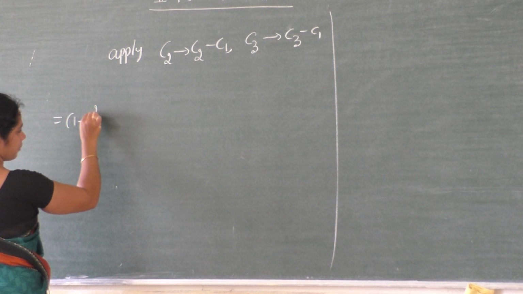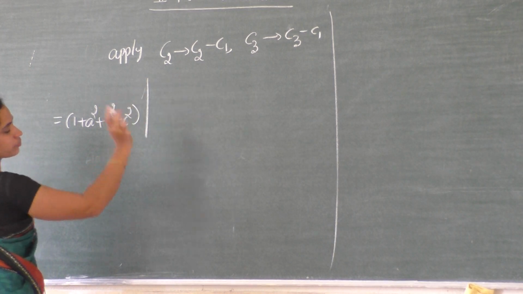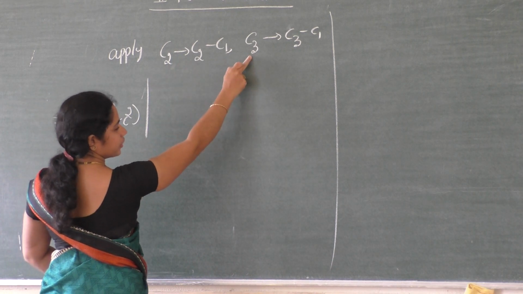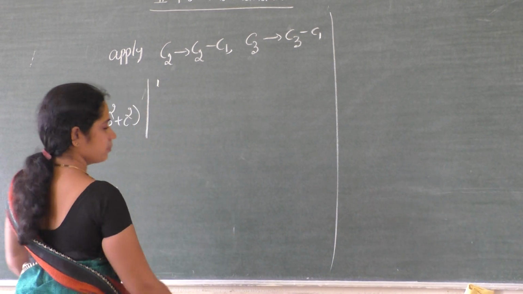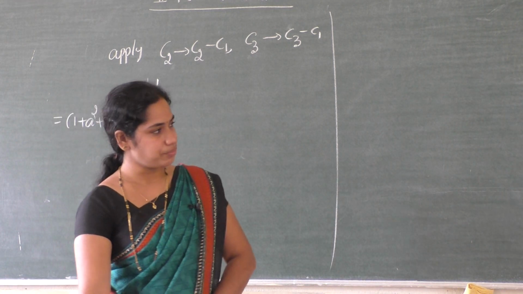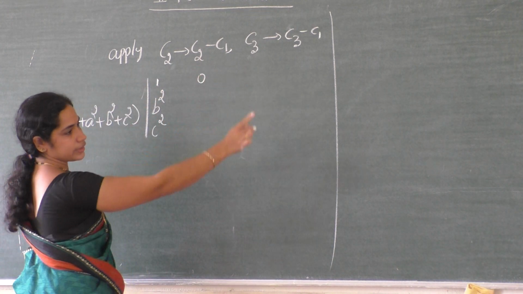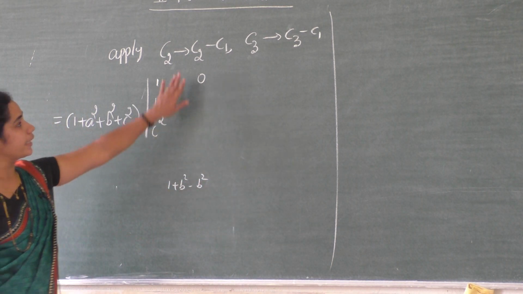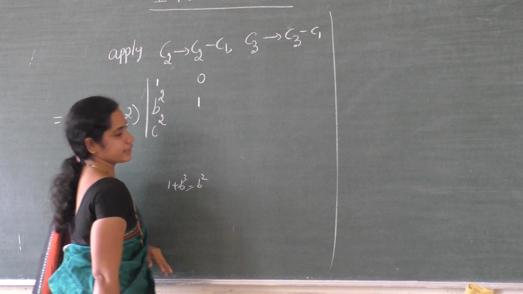Outside we have 1 plus A square plus B square plus C square. Now the first column remains the same, 1, B square, C square, while the second and third columns change. 1 minus 1 is 0. There, 1 plus B square minus B square, that is C2 minus C1, so B square cancels, remaining is 1.